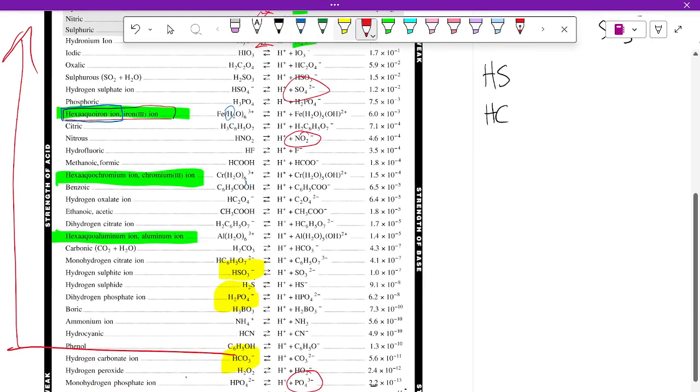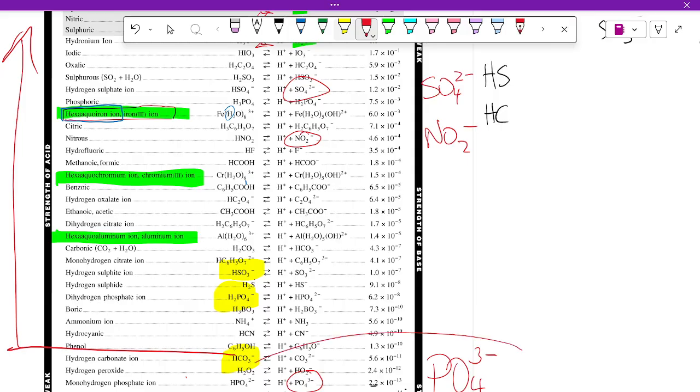Which of those will hydrolyze the most? Will it be PO4? Will it be NO2? Or will it be SO4? PO4. Why PO4? Because it is the strongest base. Remember, our bases down here are strong.